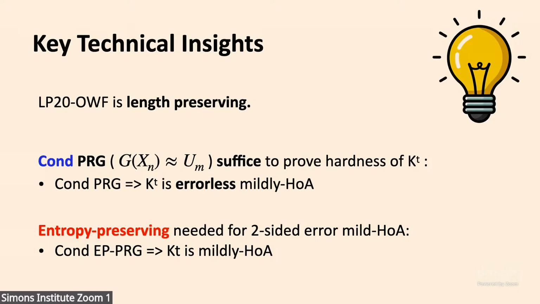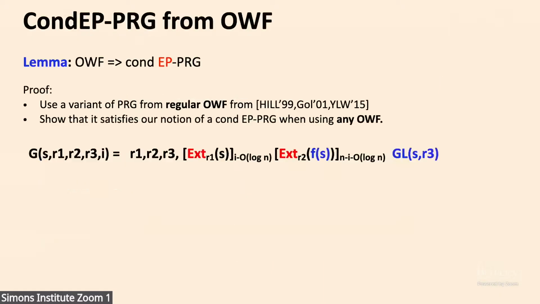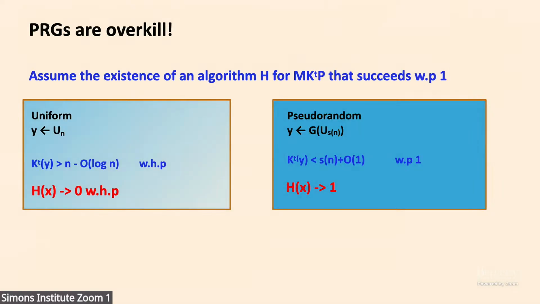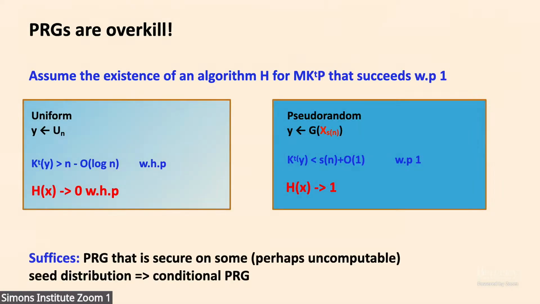I want to make another little remark here. When we define conditional PRGs, we can define this as saying that this distribution here is picked once and for all, or you can consider a distribution that's decided as a function of the attacker. In fact, if you go back to this original little proof here, I can pick this as a function of the attacker. It still works.